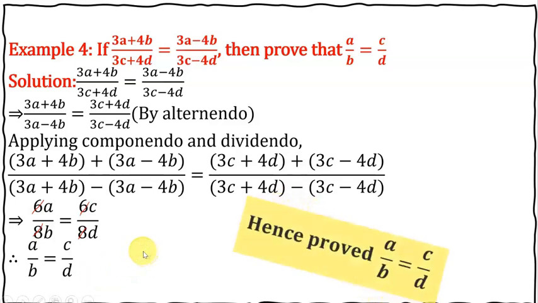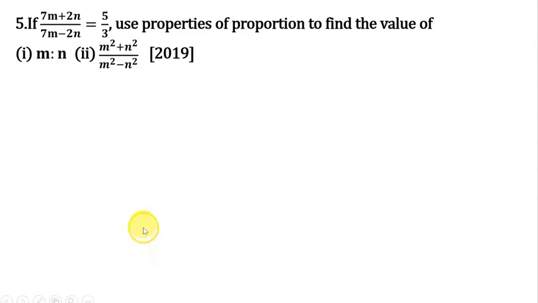Now next problem, if 7m plus 2n upon 7m minus 2n is equal to 5 by 3, use properties of proportion to find the value of m as to n. Now here apply the componendo and dividendo.